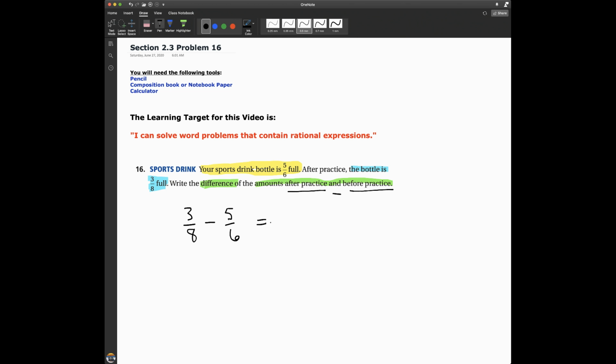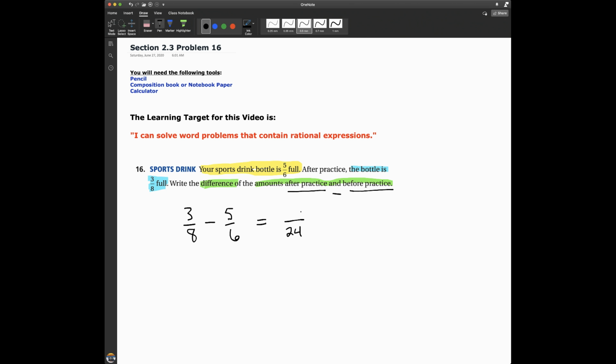So the common denominator would be 24. That's the lowest common denominator. Some of you might have used the common denominator of 48, and that would work too. I like using the least common denominator because typically when you get your answer, it will be in simplest form. All right, so to go from 8 to 24, I have to multiply by 3.